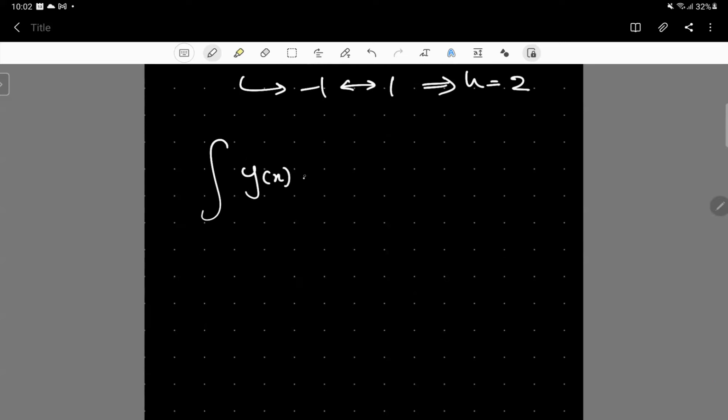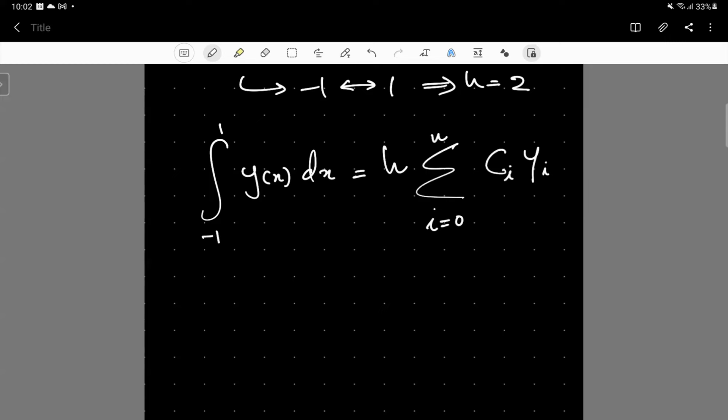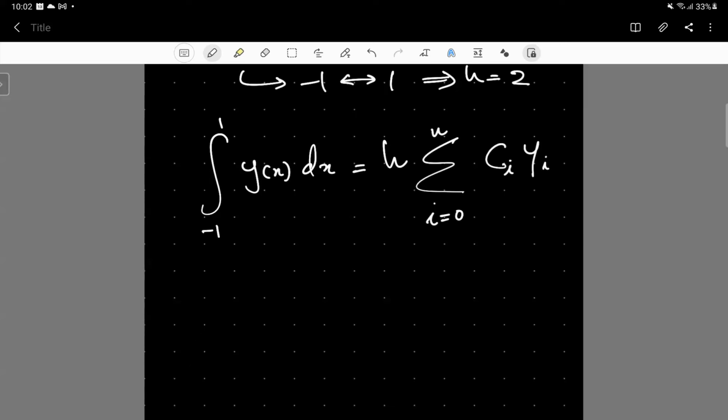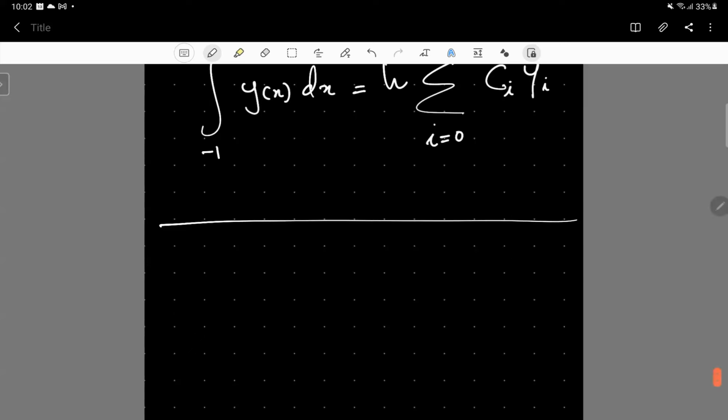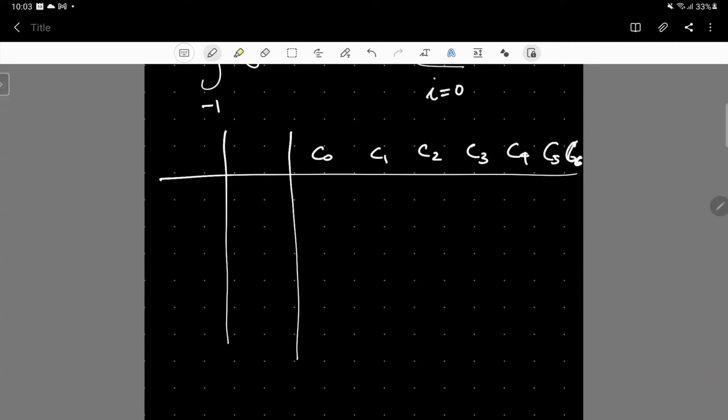So the integral which we like to evaluate from -1 to +1 can be represented by h times the summation over the number of intervals, where each y value evaluated at a certain point is multiplied by a Newton-Cotes constant. Based on the number of intervals and number of points, these factors will change.